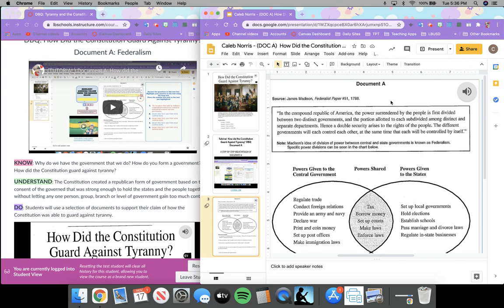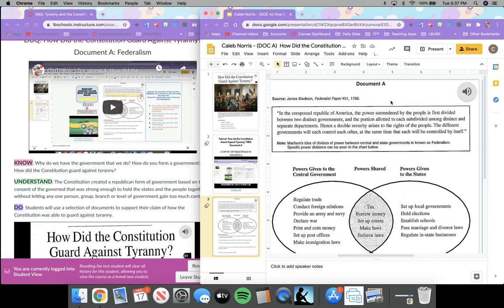So that is his main argument. They've created a strong central government, and they also have the state governments that were left over from the colonial era. They kept those in place, but they also created a national government, a central government that's also in control of the nation as a whole. So this is the main support idea for federalism, and this is really what's going to help pass the Constitution into law.